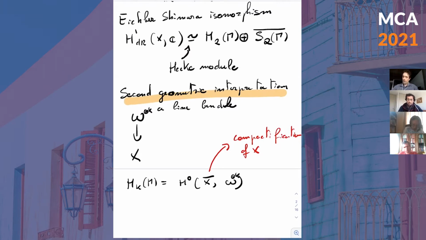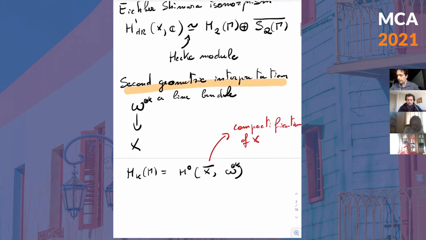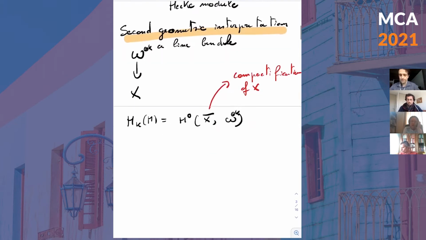So now I have these two different geometric interpretations, either as one-forms with values in C or in some particular representation, or as a section of a coherent line bundle. So I have a local system interpretation and another coherent interpretation. And these two can be put together. And let me put them together p-adically.